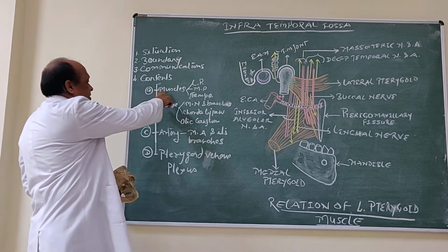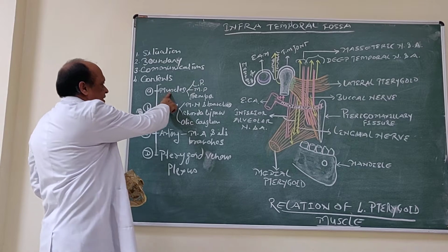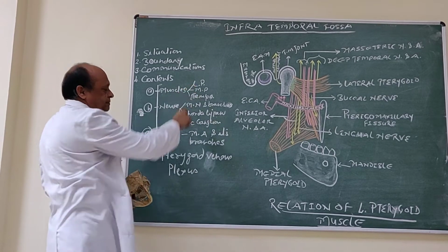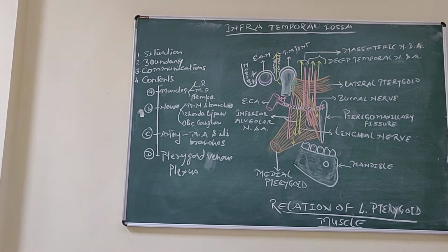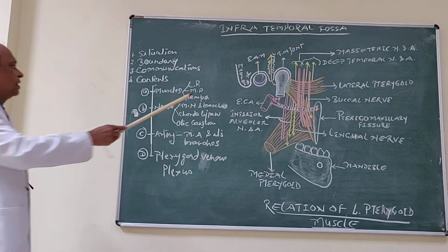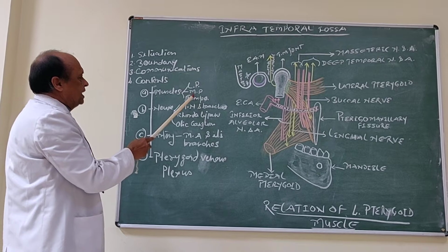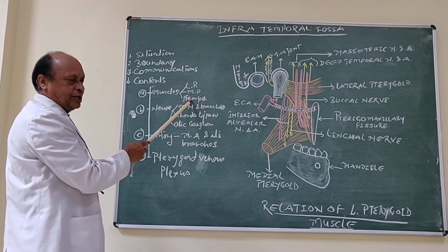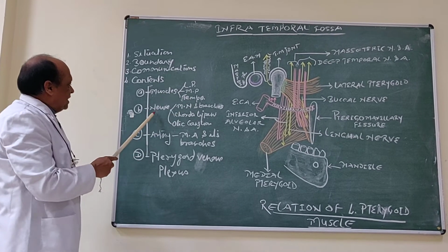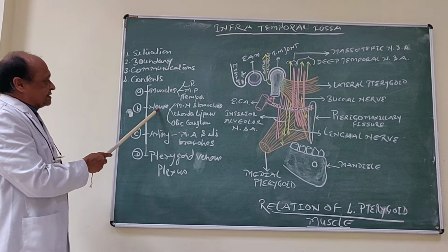The contents are the muscles. Few muscles are there, and the muscles include the lateral pterygoid muscle, here it is, and the medial pterygoid muscle, and the lower part of temporalis. Another important content is nerves.